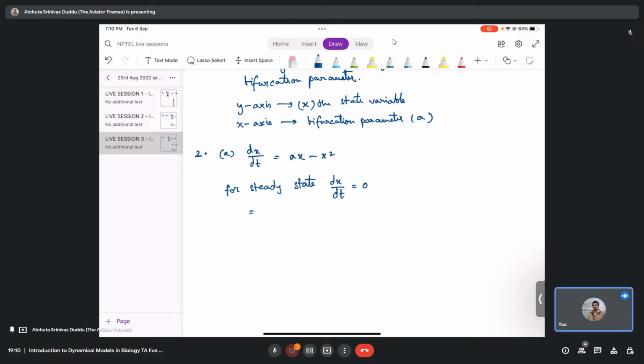So here that would imply ax = x², which would then imply either x = 0 or x = a are the solutions at steady state. And if you see here, if a = 0, then x = 0 would be the only solution.